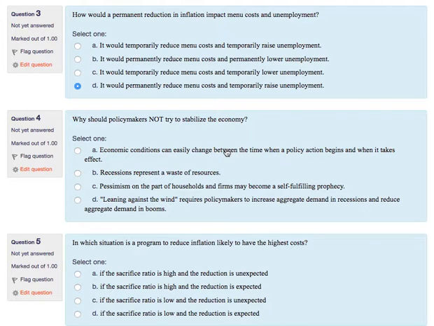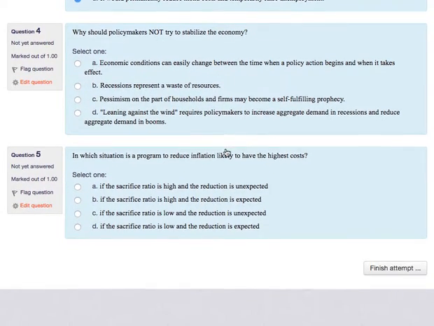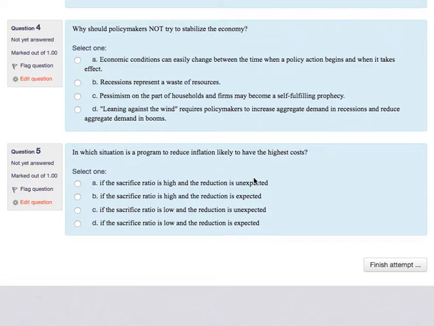Why should policymakers not try to stabilize the economy? Well, the example that we had before, that we might shift it away further, is a good answer. But let's look at these ones here. Economic conditions can easily change between the time when a policy action begins and when it takes effect. This is the right answer here, because one of the reasons why we sometimes promote not stabilizing the economy is that we've seen in class that monetary policy could take at least a full year to come into effect.